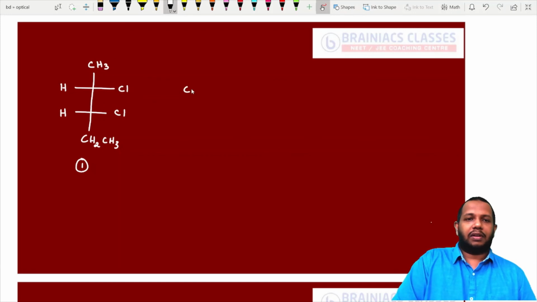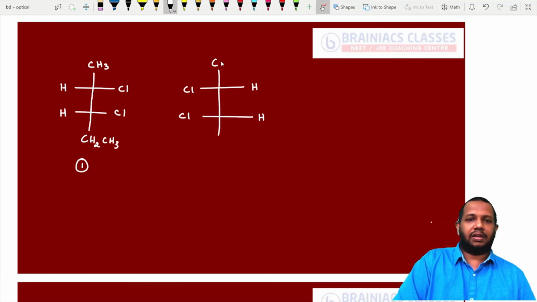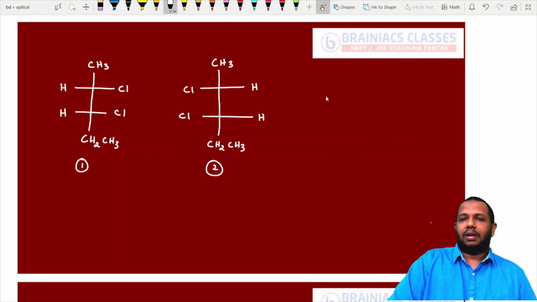Now you have another diagram: Cl, hydrogen, and you have Cl, hydrogen, and you have CH3 present here, and here CH2, CH3. This is my diagram 2. And next we have CH3, and here CH2, CH3.